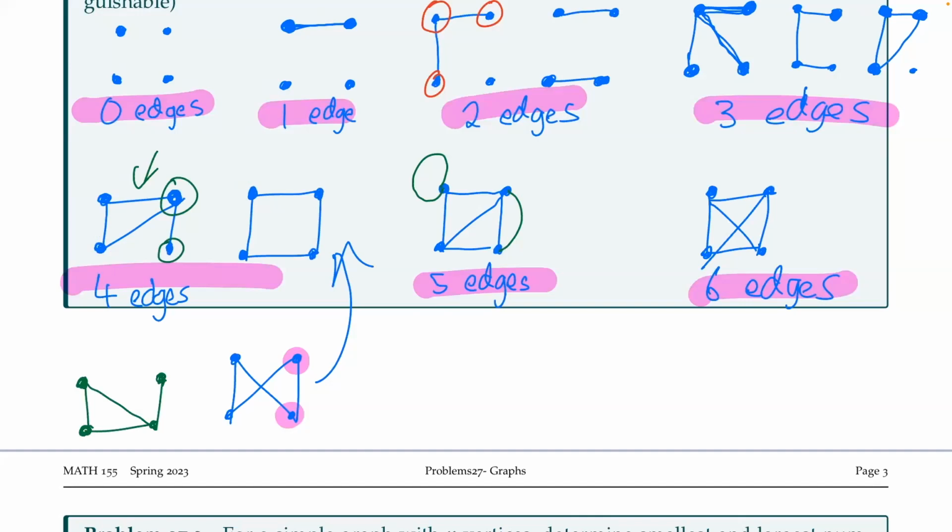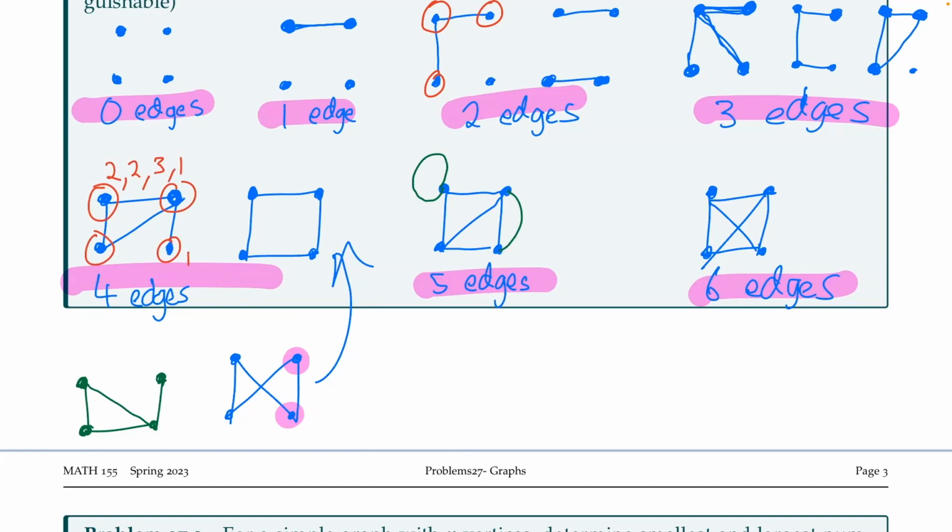Remember, what we can do is we can move those pegs that have the ropes attached between them, but we can't untie the pegs. So if we look at the degree of these vertices, in this one on the left-hand side, this has degree 2, this has degree 2, this has degree 3, this has degree 1.